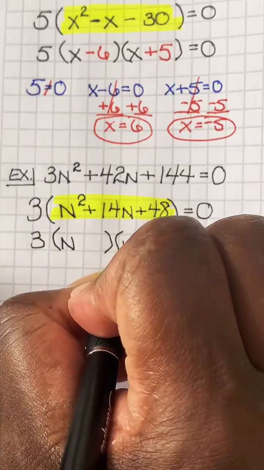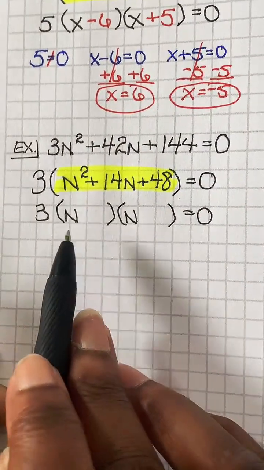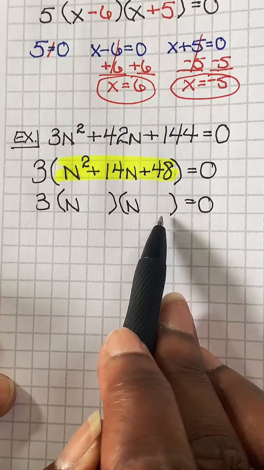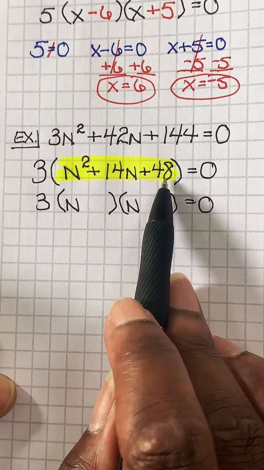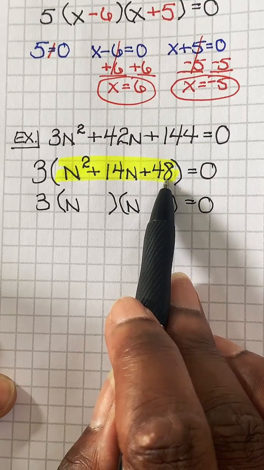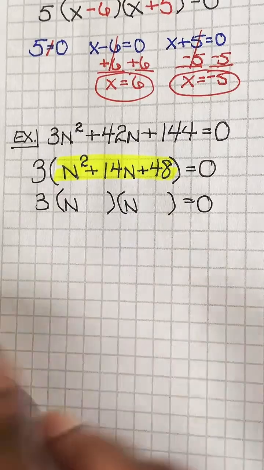Since my leading coefficient is 1 just inside the parentheses, I can go ahead and split my n's. Now I need to think, what 2 numbers multiplied together will give me 48 and add together to give me 14?